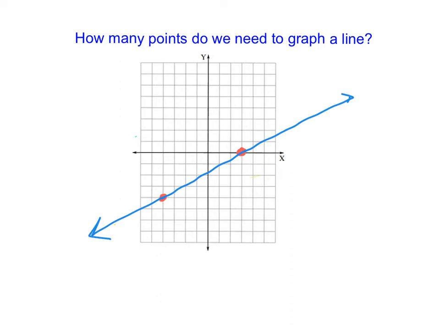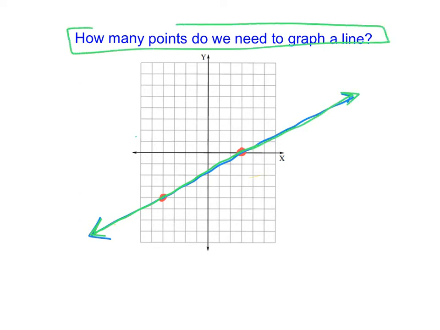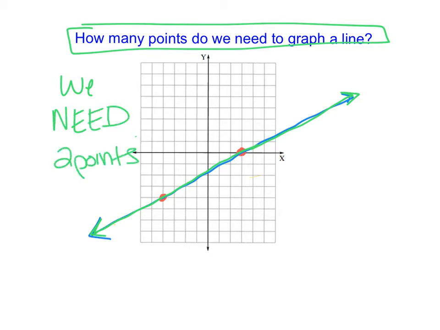Even if I connect the points in a different order, I still draw the exact same line. So to answer how many points we need to graph a line, we need 2 points. If we have 2 points on that line, we will be able to create an accurate linear graph.